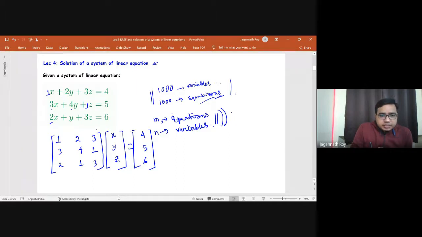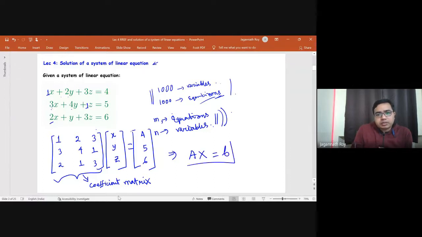Now this matrix is called the coefficient matrix. If you write this system as Ax = B in short form, then here A equals 1, 2, 3, then 3, 4, 1 and 2, 1, 3.